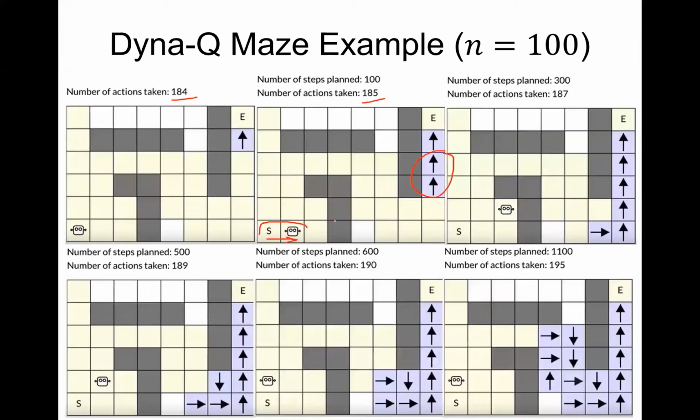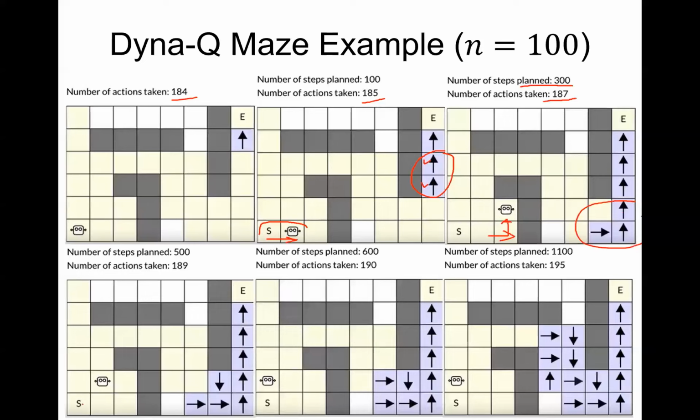But in its head, it's doing simulations and performing Q planning based on the learned model. So it updated these two Q values, despite the fact that it has never moved close to these two positions. And at action 187, there are two more actions taken. So it moved here and here. But for these two steps, there are 200 more planned steps. So it learned more Q values by planning, and so on.